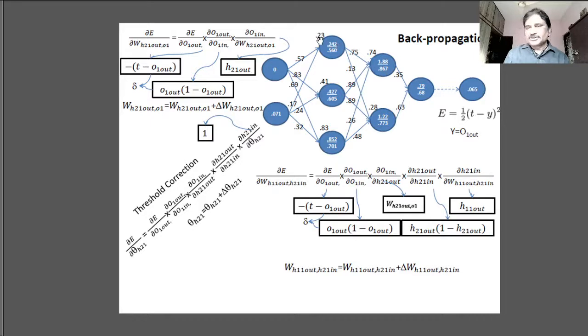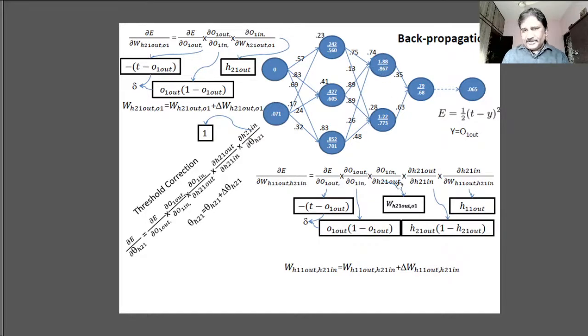Now, having understood this process, if I want to get the weight correction in this weight, what will I do? I have delta value here and I will be multiplying that delta value by this H12 out value. Okay.